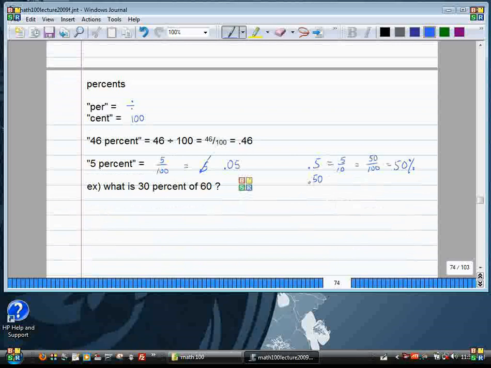First of all, 30%. How do you write 30% in math? Right, that's what we've been talking about. That's 30 over 100. Now, of course, 60 is just 60. What else can we convert into math? Of. What is of when you convert it to math? It's multiplication.